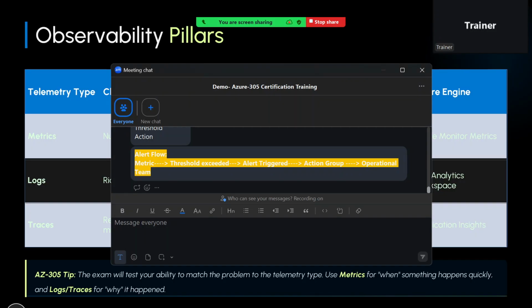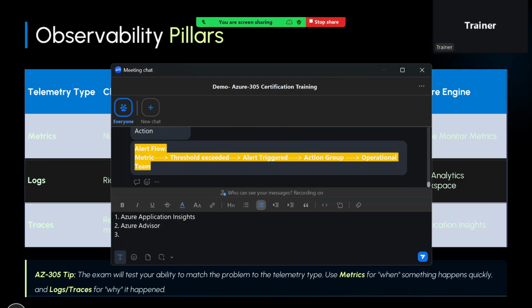Yes, please. So the first one is Azure Application Insights. Okay. And second one is Azure Advisor. And third one is Microsoft Defender for Cloud.